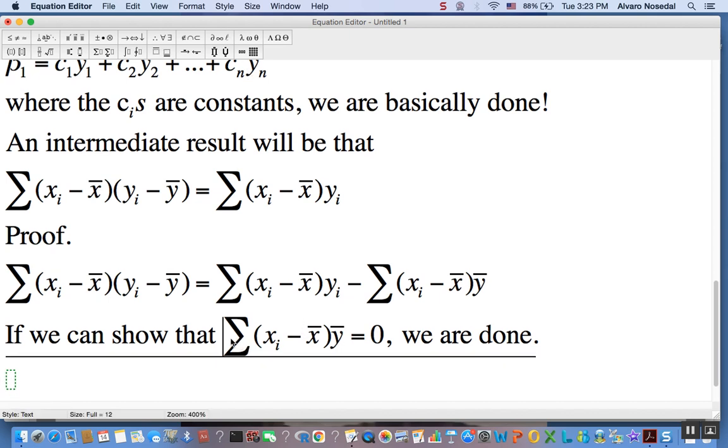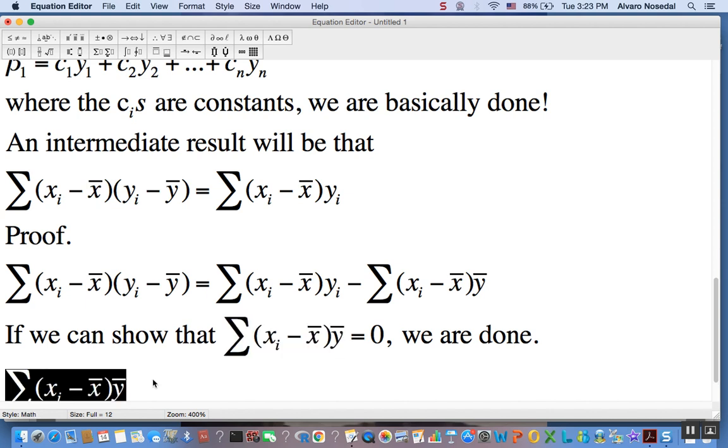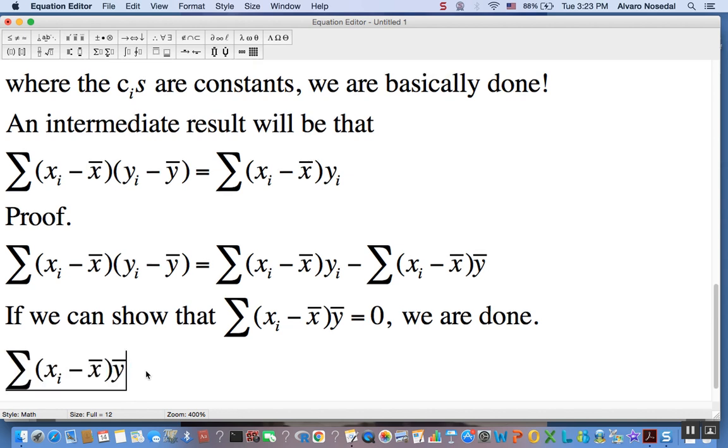So let me start here from the left hand side. Note that y bar is a common factor, so I'm going to factor that out.